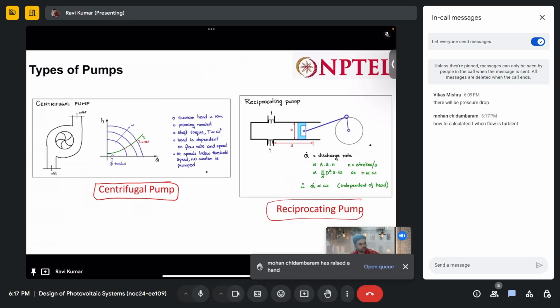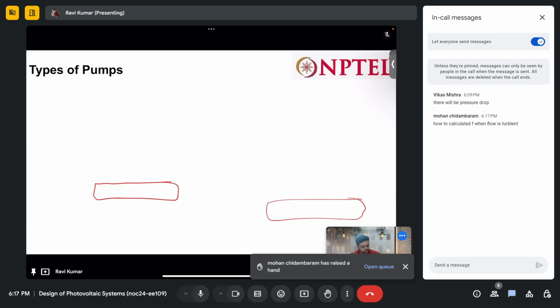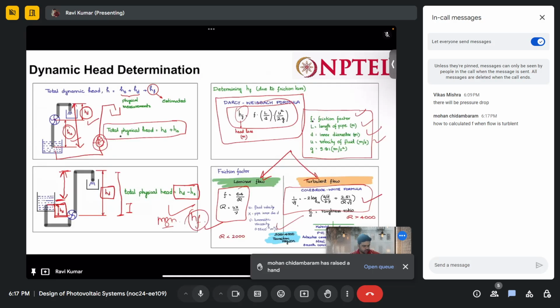How to calculate f when flow is turbulent? Yes. For turbulent flow, we have this Colebrook-White formula. Using this formula, we can calculate this friction factor.